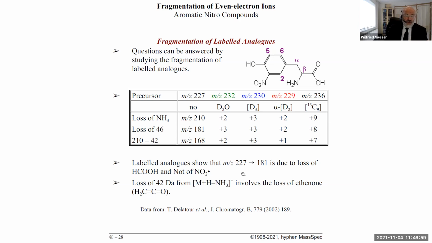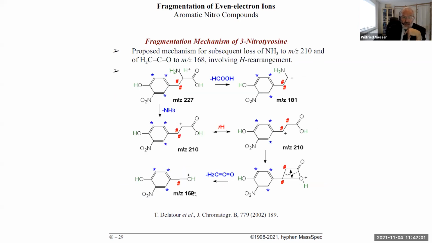We use some of the other data to explain the 42. Basically, what we are going to do is set up a fragmentation scheme. From the 227, the M+H, we see the loss of ammonia to the 210. The ammonia is sitting on the beta carbon, so I would expect charge and thus hydrogen rearrangement.